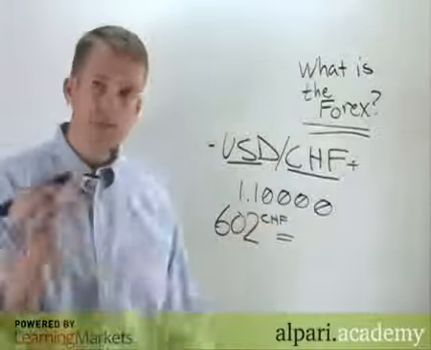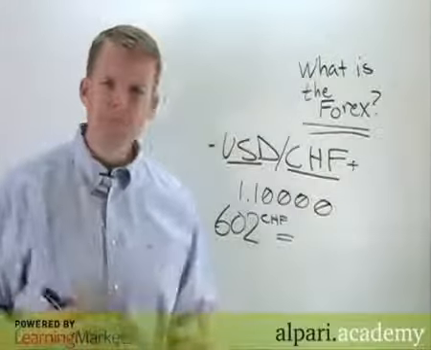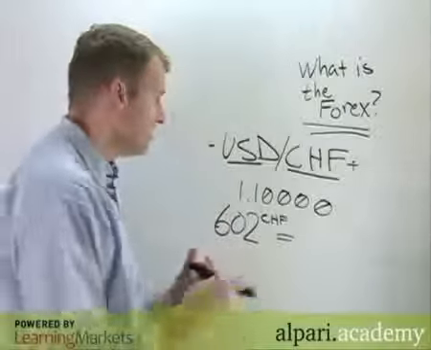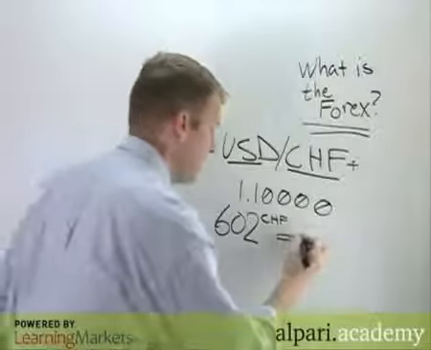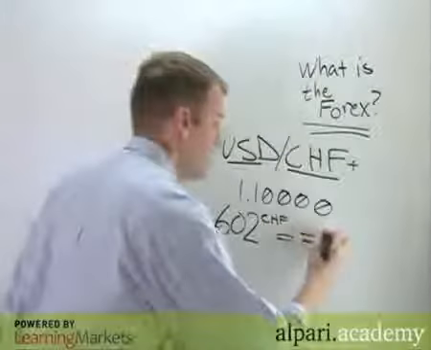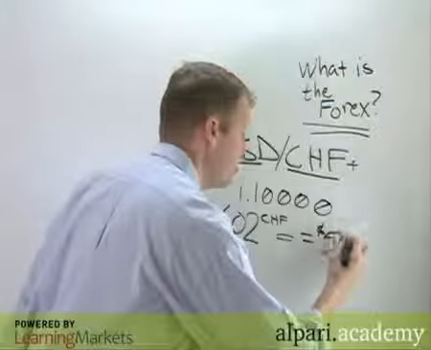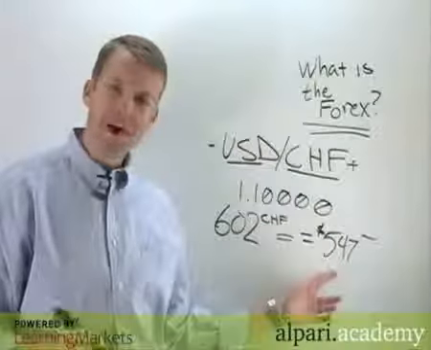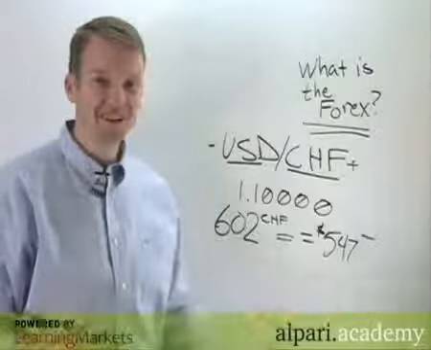And now you might think, well, we live in the US, that must be a bad thing for us. Well, not necessarily, and this is something that's hard to wrap your head around when you first learn it. If we convert these 602 francs at our new exchange rate, we get back $547. Now that means that we just made a profit on our vacation of 10%, at least on our spending money.